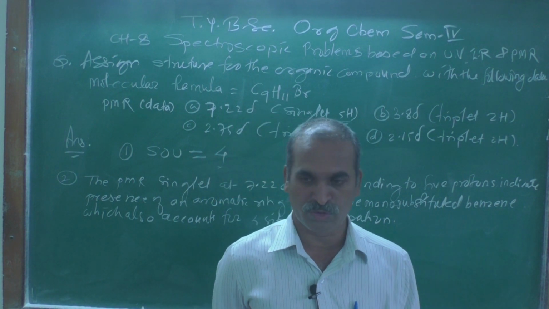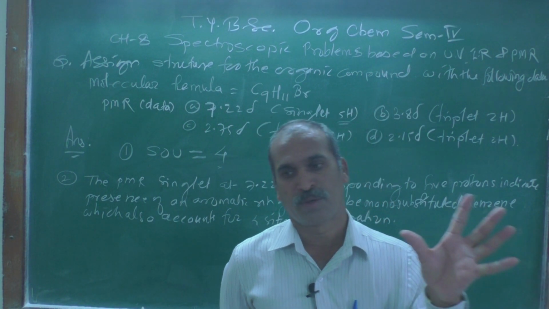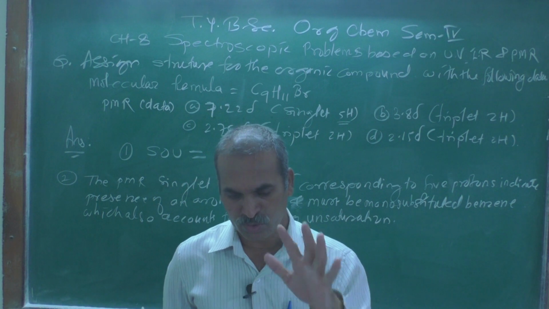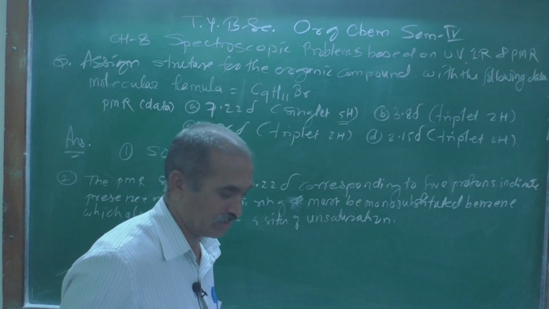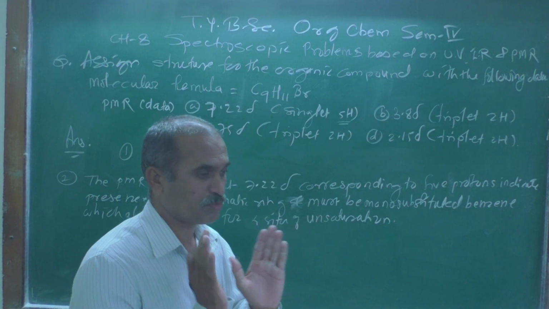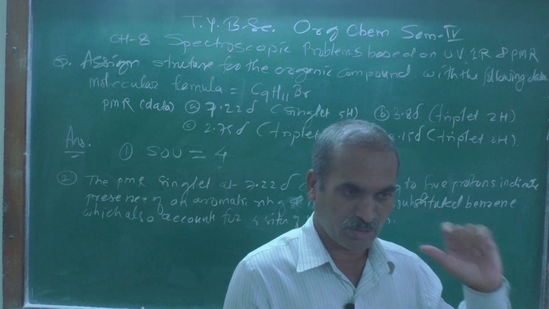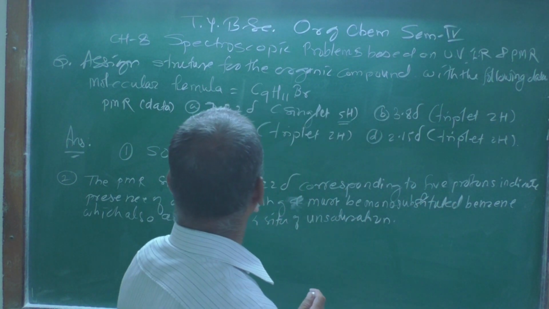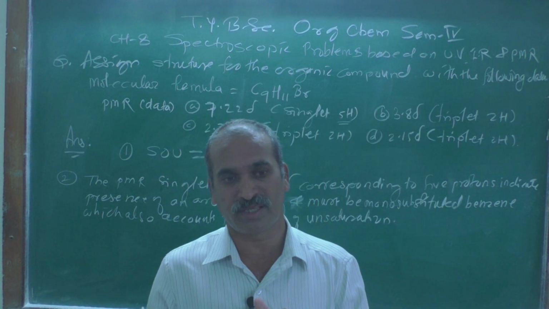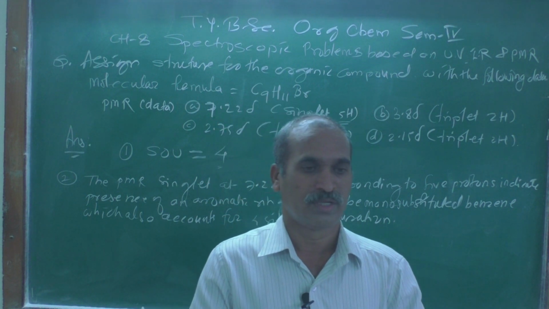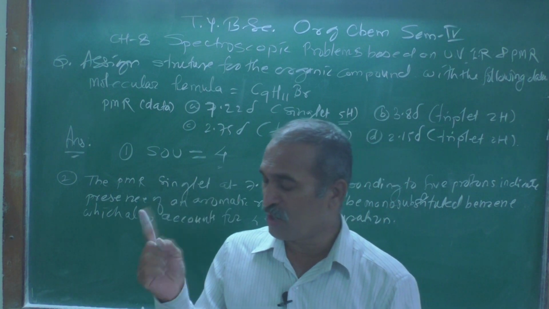There may be monosubstituted, disubstituted, trisubstituted, polysubstituted, like this. But here 5 protons are already there out of the 6 protons of the aromatic compound, generally benzene. No heteroatoms are involved here, only possibly a halide, but that is not in the ring, and therefore the possibility of benzene with 5 protons is there.